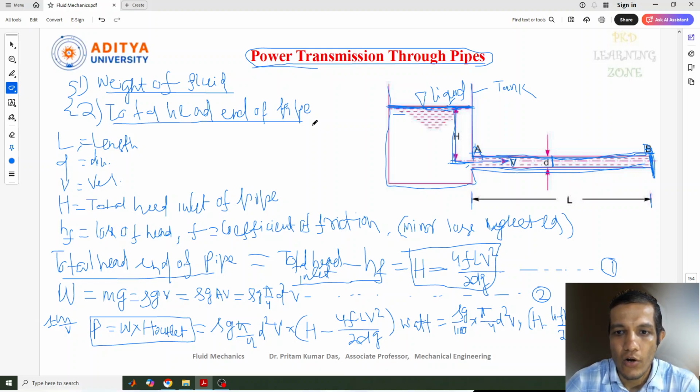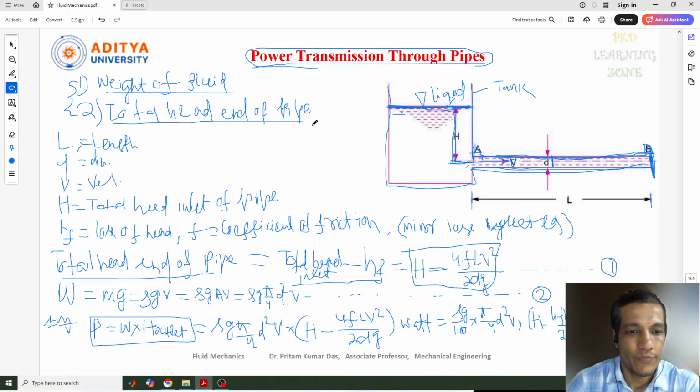Apart from this, we also have some other terms. When calculating the power, we can calculate the efficiency part. Efficiency can be directly related to the power term, the efficiency of the power transmission. We know that efficiency equals the power available at the outlet condition divided by the power available at the inlet condition. By using that formula, we can find the efficiency.